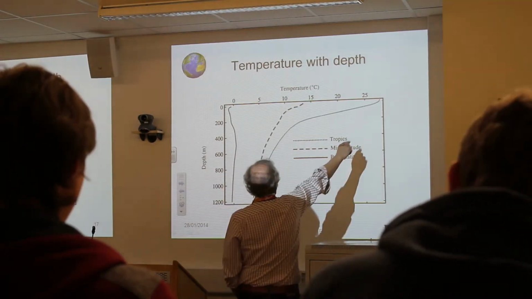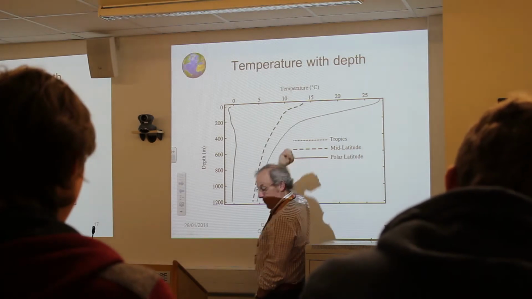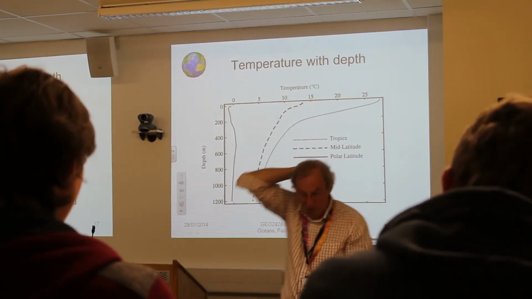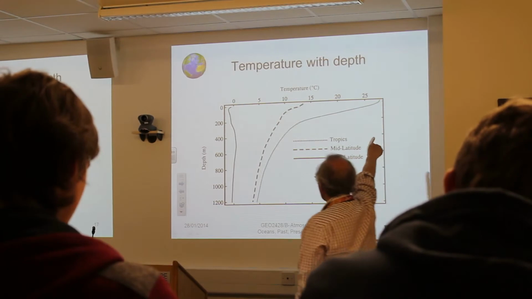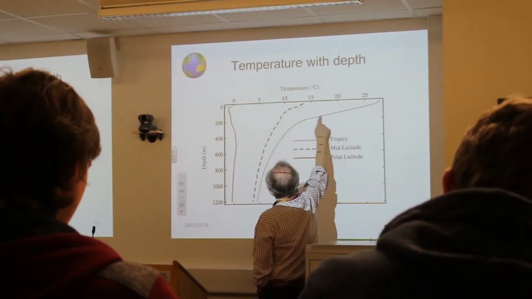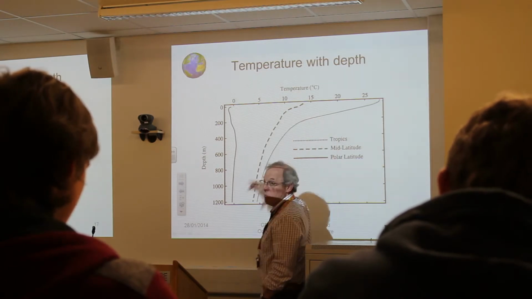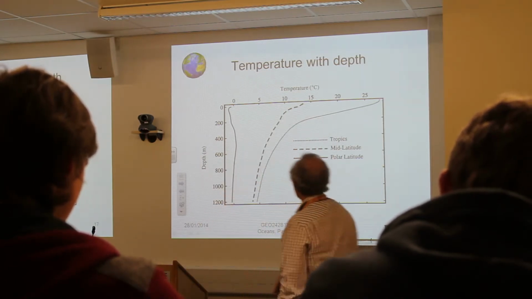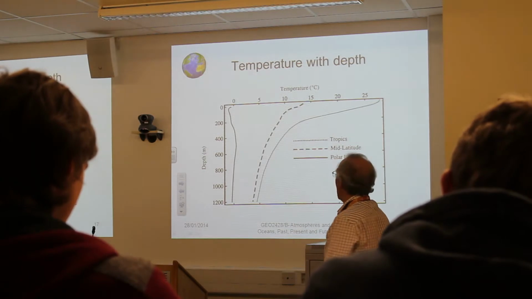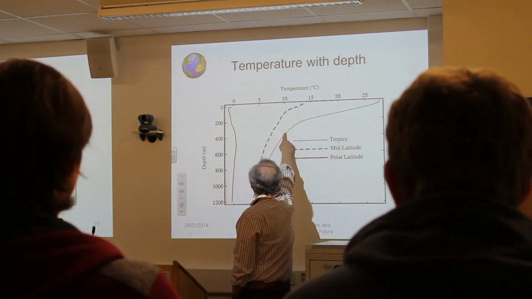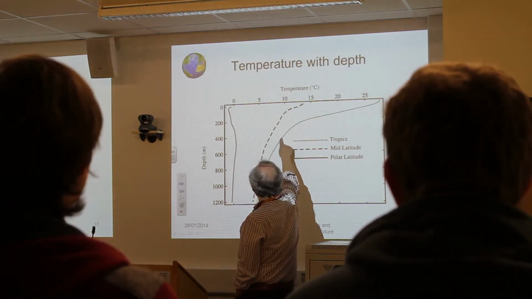We can see we're in the tropics going consistently above 26, so that's why hurricanes form in the tropics. But we can see there's a very steep gradient, a very severe, very rapid thermocline of dropping temperature before it stabilizes after about 500 meters.